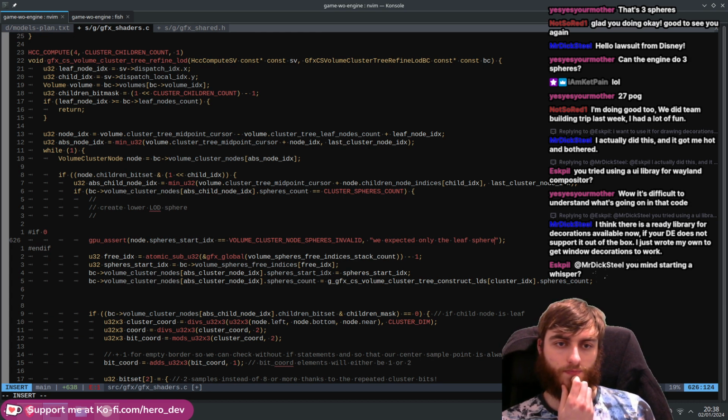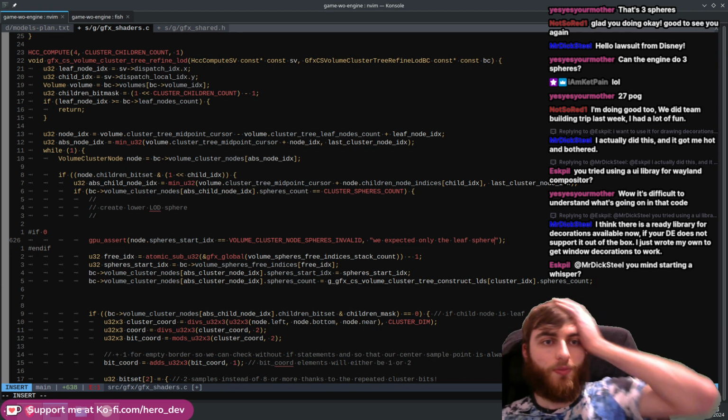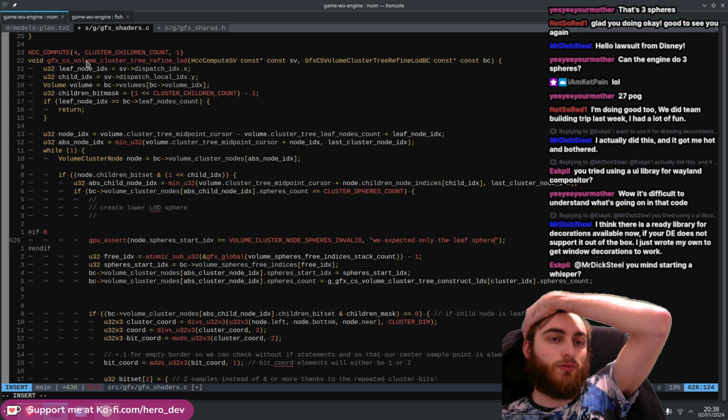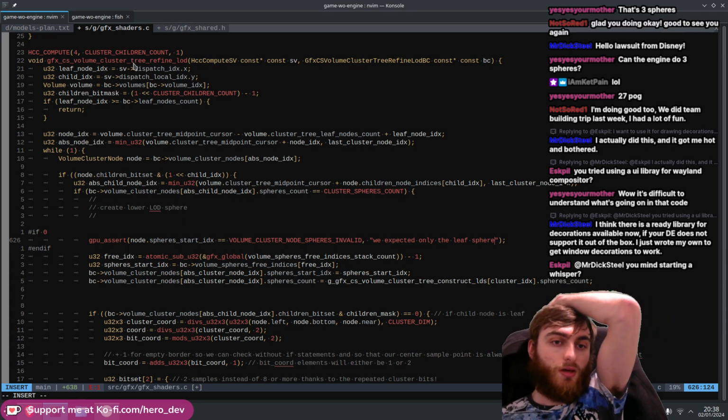Wait a minute. No, you've got 4 threads per... You got 4 threads per node, isn't it? Sorry, 8 threads per node. That's very true, isn't it? We need to have a way.